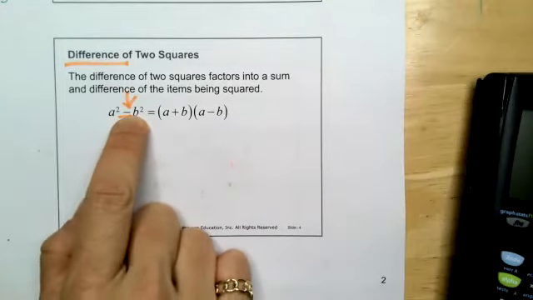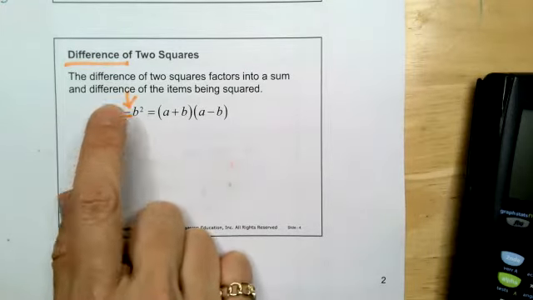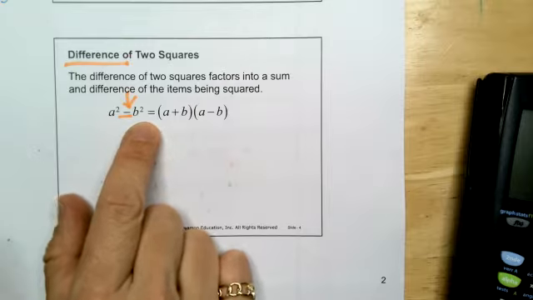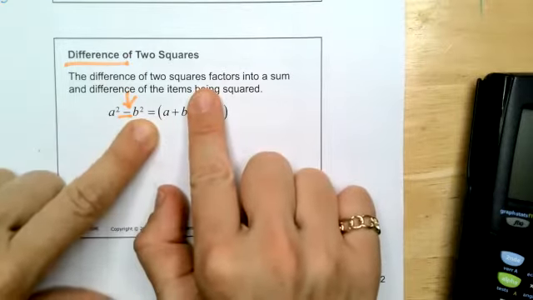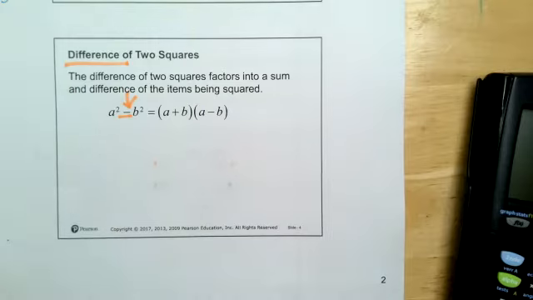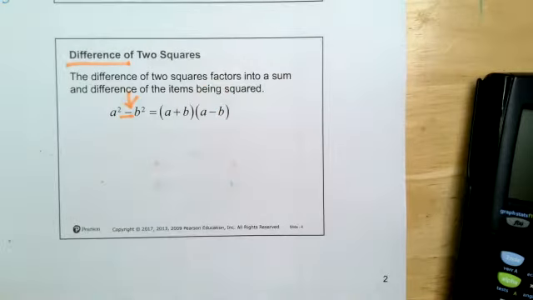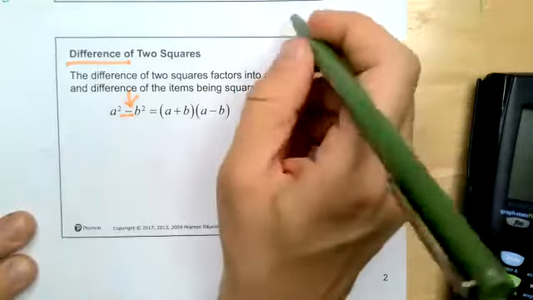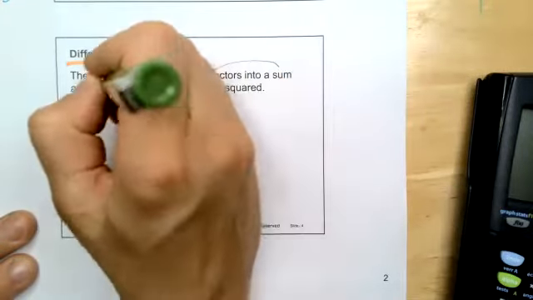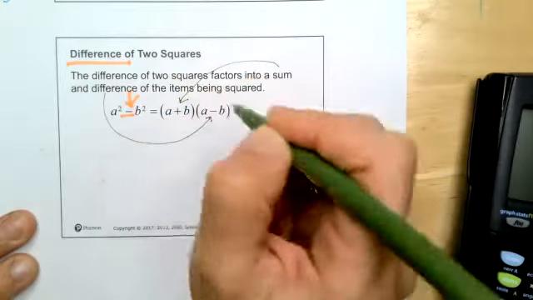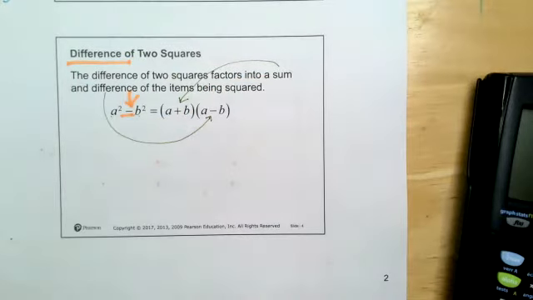This is going to be a perfect square and this is going to be a perfect square. So you can say a squared minus b squared is equal to the quantity a plus b times the quantity a minus b. Okay. All they're saying is the difference of two squares factors into the sum, means add, and difference of the items being squared.